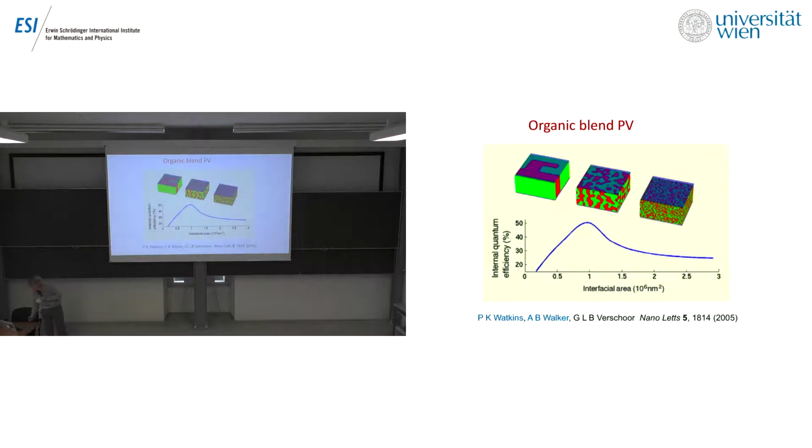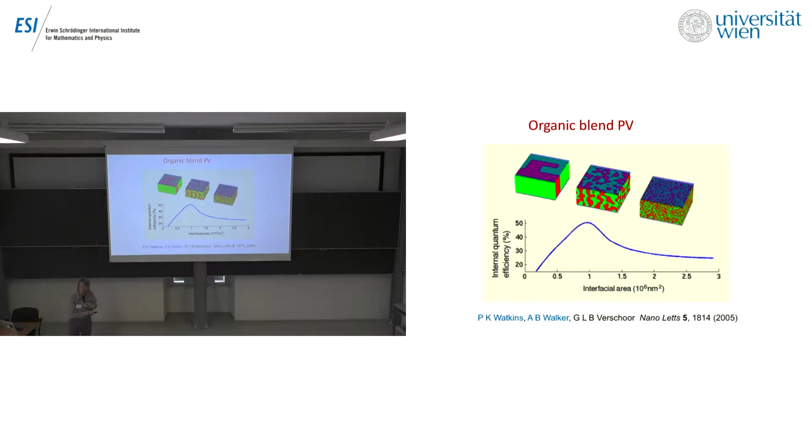So this is work I did years and years ago, but I still find it quite helpful in determining the mesoscopic physics of organic devices. It was done by a graduate student of mine, Pete Watkins, back in 2004. Anyway, the point is that it shows very nicely results which at that time were not understood, which is that people make polymer blends.